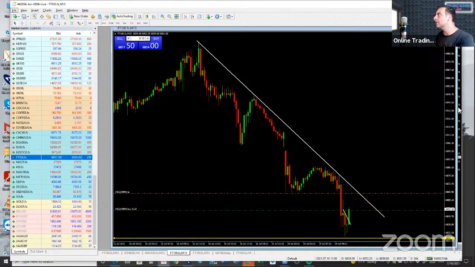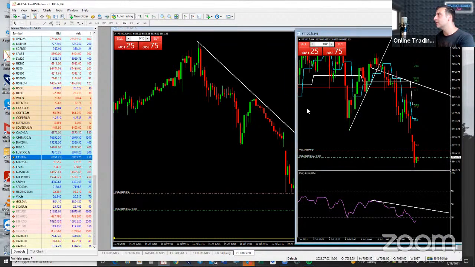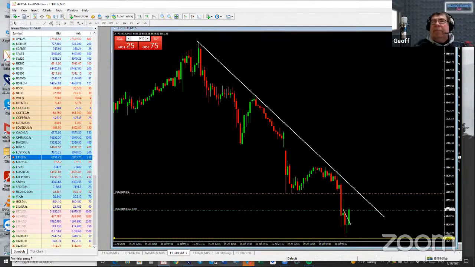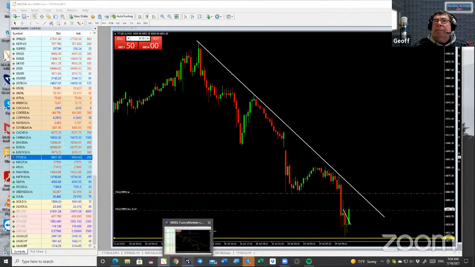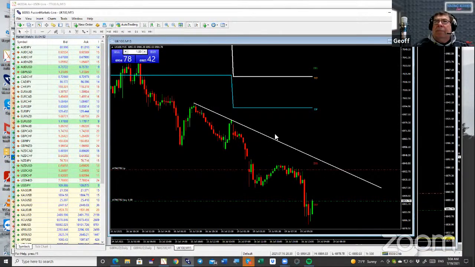I'm just going to make sure that these look the same here, mate. This is the only thing: this is the cash and the other one's the futures.